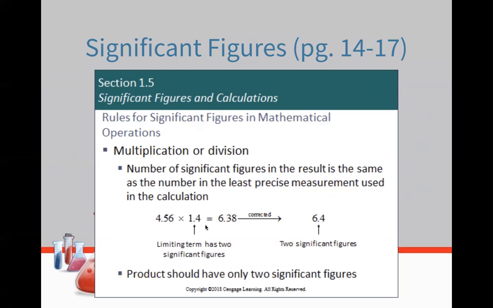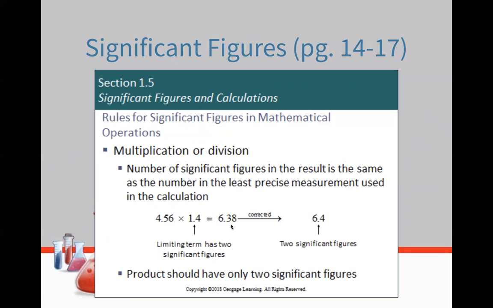Finally, we are going to look at some mathematical operations. First, multiplication and division. These both work the same way. The example I have here is multiplication. We're multiplying 4.56 times 1.4, and we end up getting 6.38. But is that the right amount of significant figures?